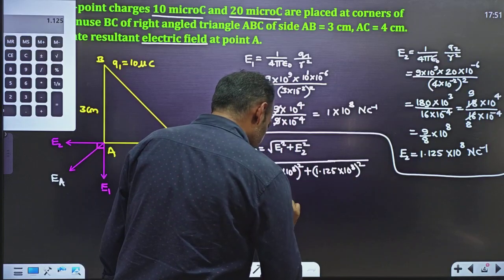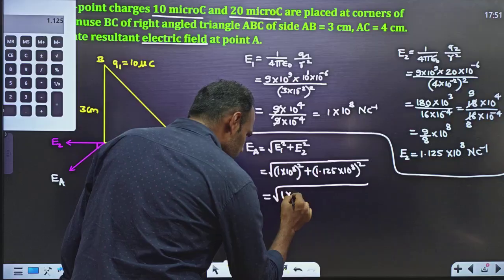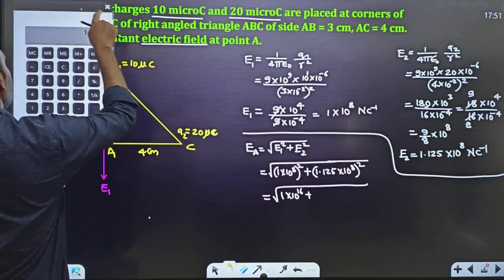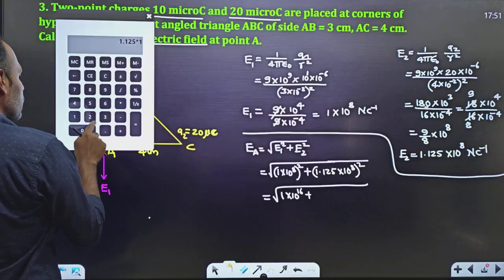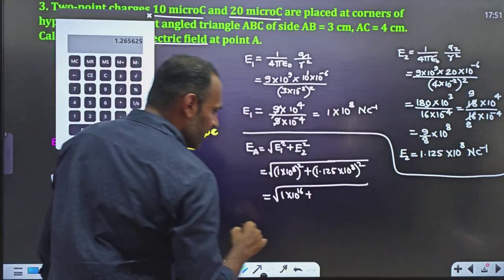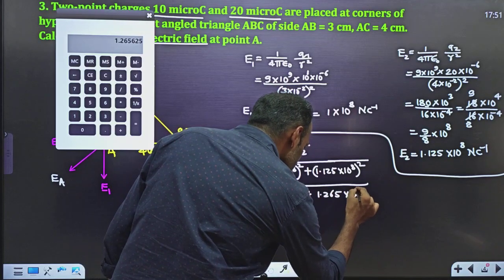So this will be root of 1 square is 1, 10 raised to 8 square is 10 raised to 16, plus 1.125 into 1.125, which is 1.265. I will take it as 1.265 into 10 raised to 16.